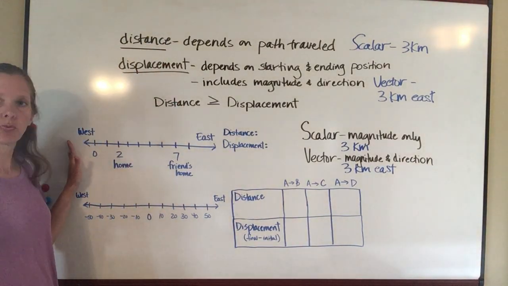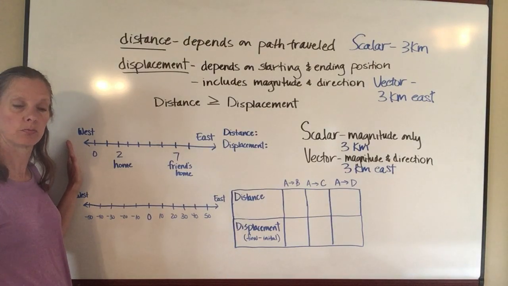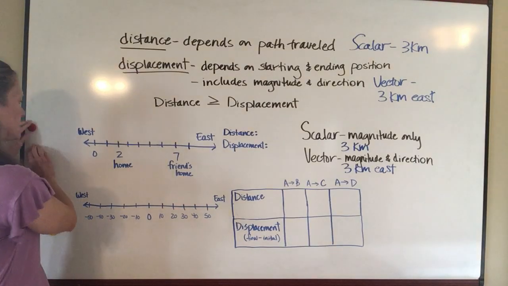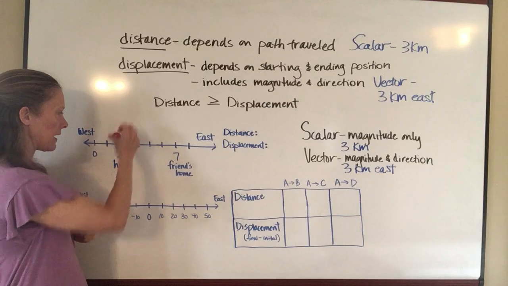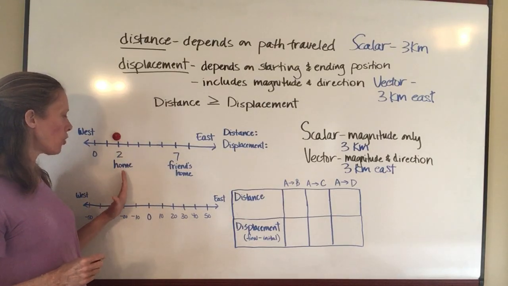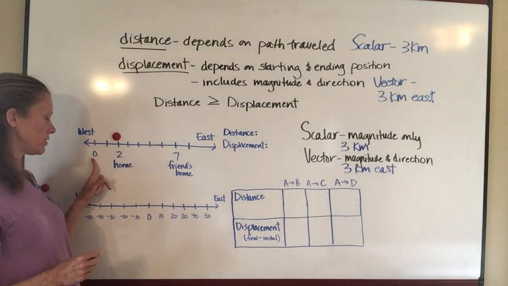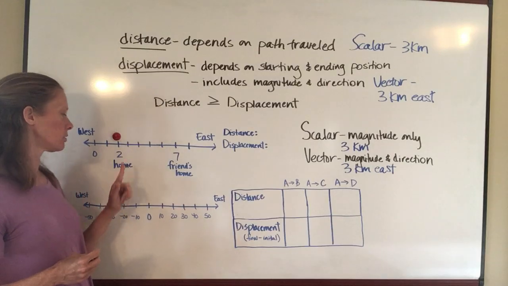This example from right here was actually in the first section that you read today. And they said if you start out at your home, and they put that on a number line so that your home is actually at 2, zero is over here, and then the numbers are getting bigger as we go to the right, just as they always do on a number line.